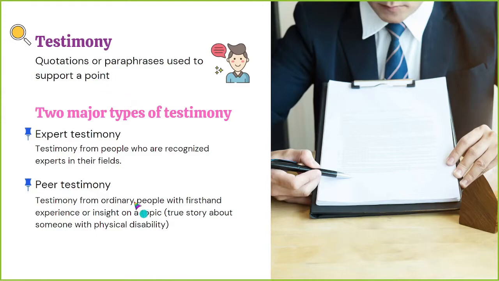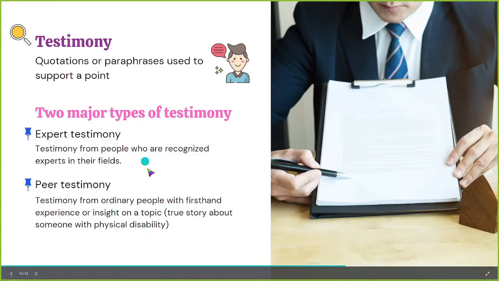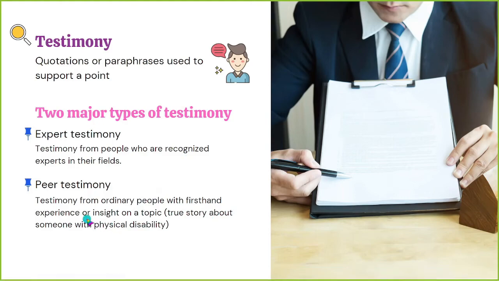When you're reading a testimonial or review in online shopping, for example, you will be looking at peer testimony, because peer testimony is from ordinary people with first-hand experience or insight on the topic, like a business online.